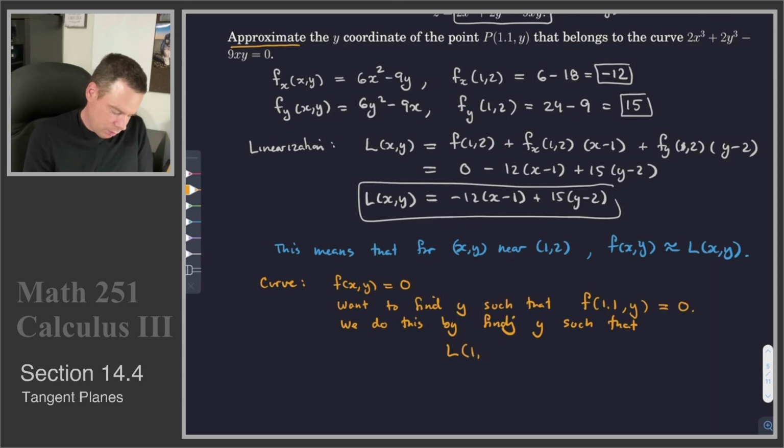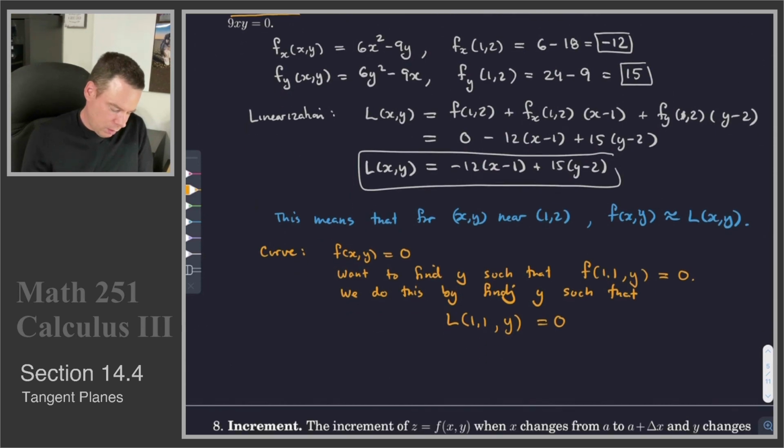So I'm going to use my linearization in place of the function f, so L of (1.1, y) equals 0. Using my linearization above, that's negative 12 times (1.1 minus 1, or 0.1), plus 15 times (y minus 2) is equal to 0.